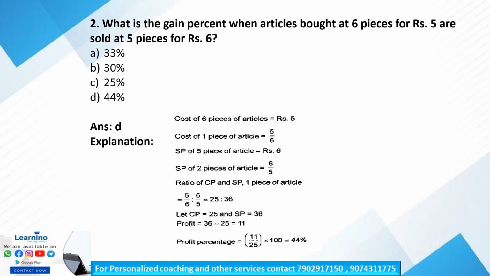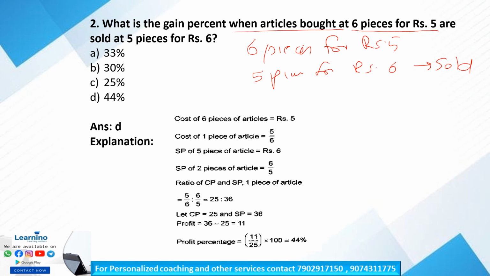What is the gain percentage when articles bought at 6 pieces for rupees 5 are sold at 5 pieces for rupees 6? So 5 pieces for rupees 6 is the sold data, and this is the bought data, right?